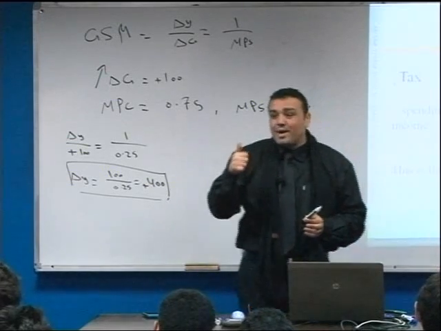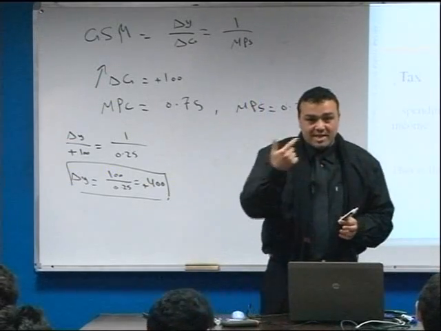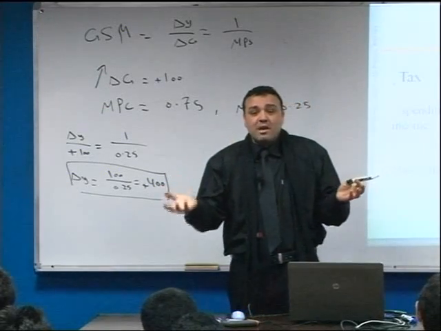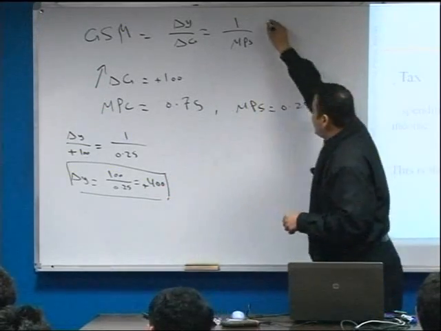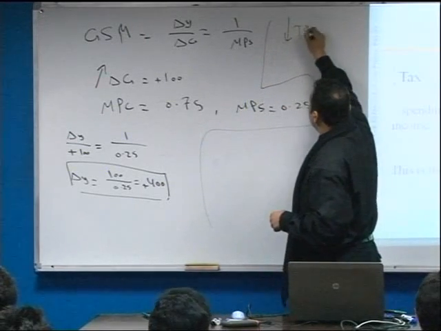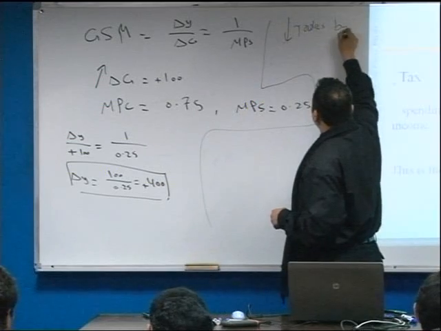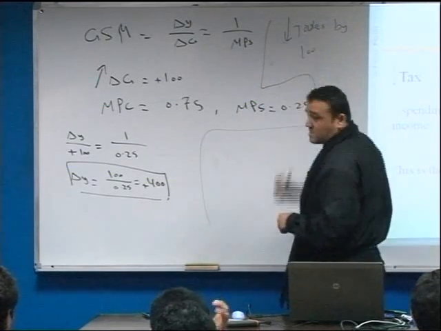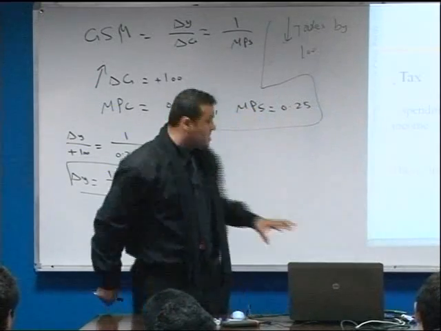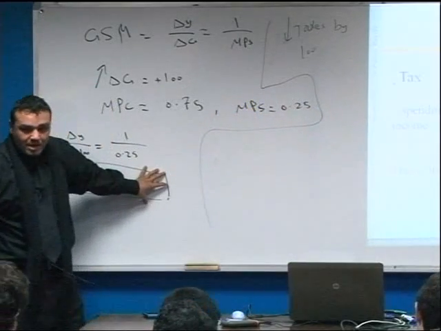But what about the second side, which is the taxes? You expect that if the government decided to decrease the taxes by $100 million, the aggregate output would increase by the same amount, $400 million.